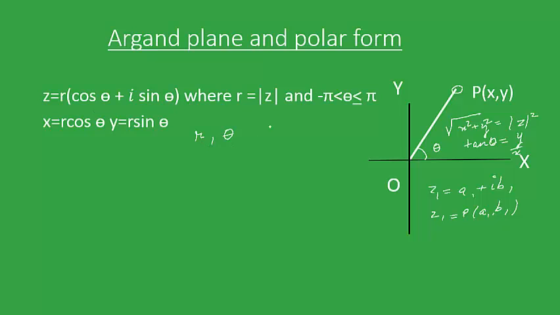So r corresponds to mod z, which is equal to under root x square plus y square. And theta corresponds to the angle which it makes with the positive x-axis, which lies between minus pi and pi.